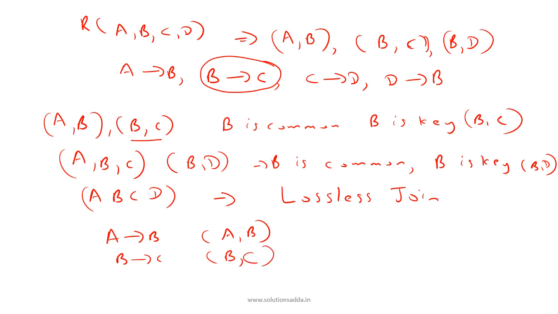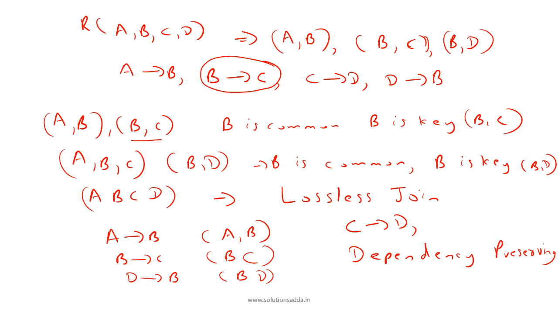Then D determines B is captured in BD. Then finally we can also capture C determines D based on indirect dependency preserving in BC. So it is dependency preserving.